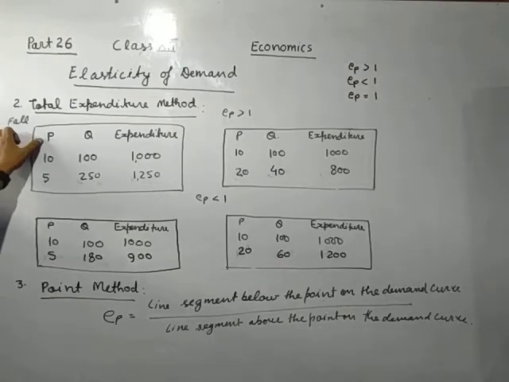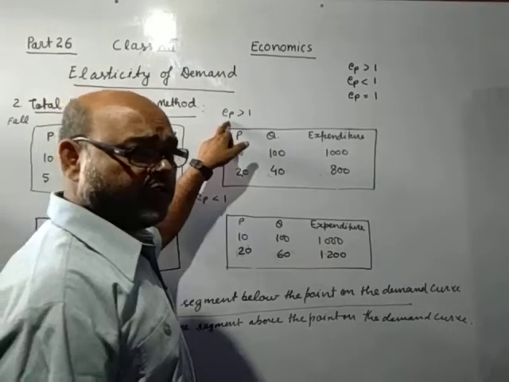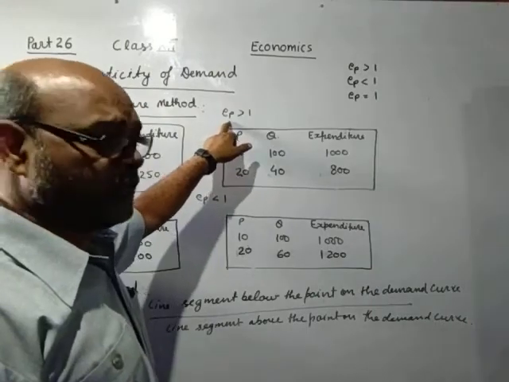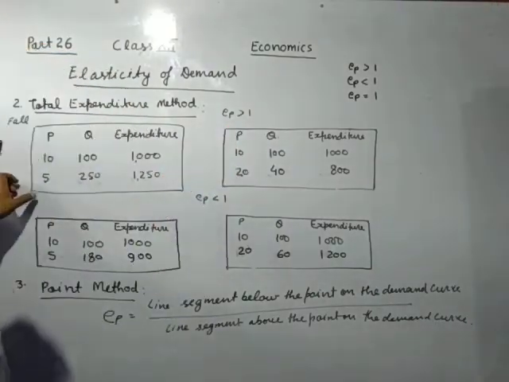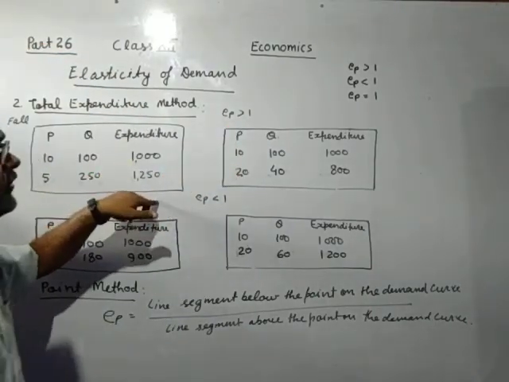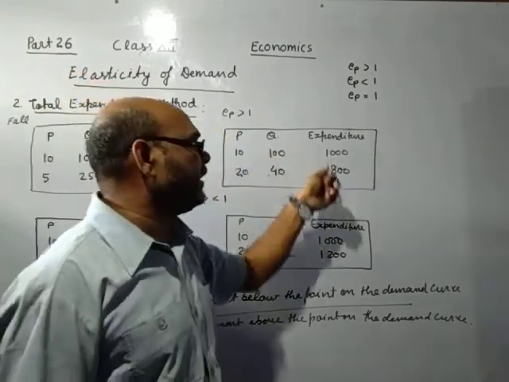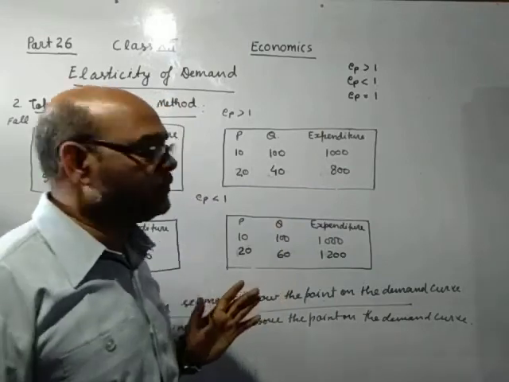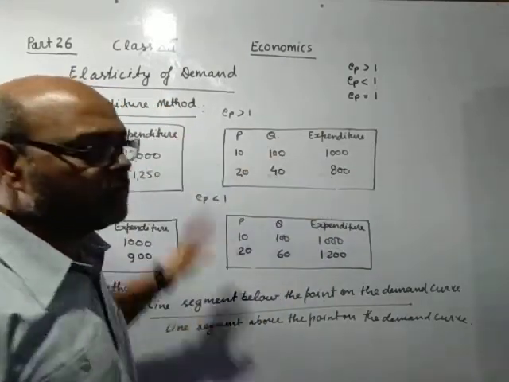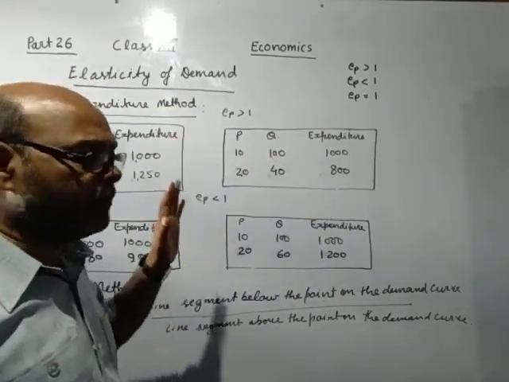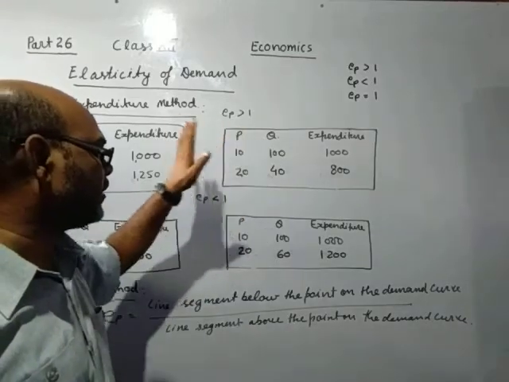First case: elasticity more than 1, or elastic demand. If price falls, total expenditure increases, and if price increases, total expenditure decreases. This situation is called elastic demand or elasticity greater than 1.